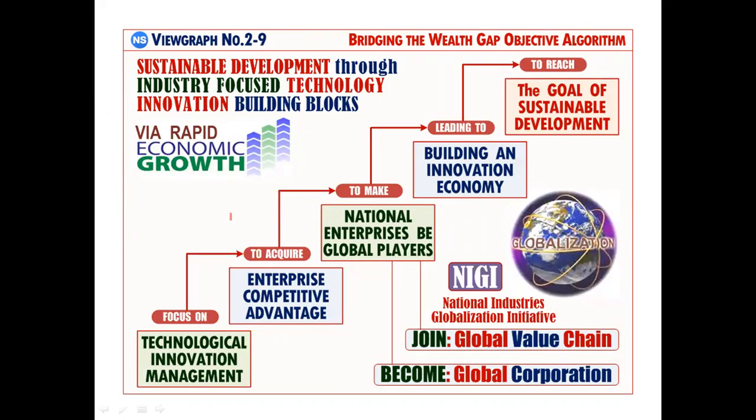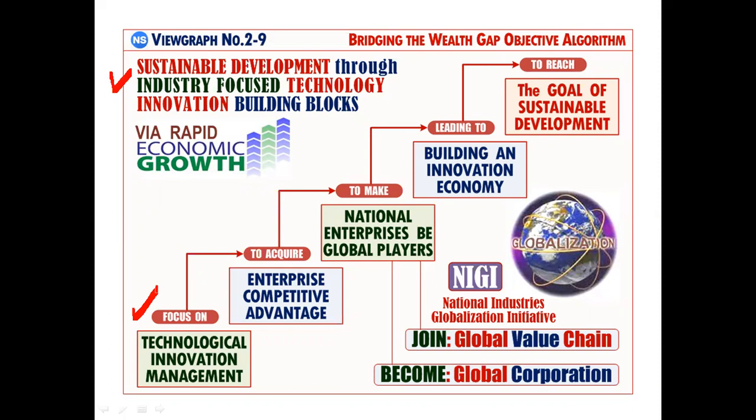The algorithm that I mentioned in the beginning, in my introductory remark, is given here in detail. Sustainable development through industry-focused technology innovation building blocks. But remember, we want rapid economic growth, not slow growth. That's the requirement. So we have here technology innovation management.